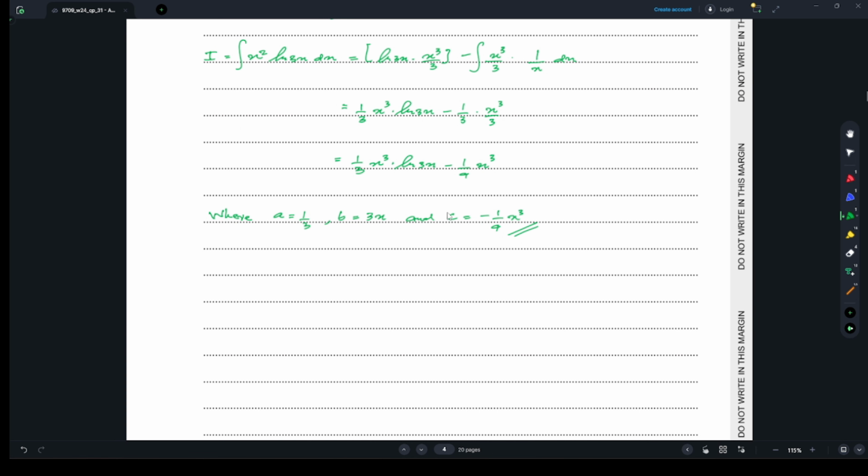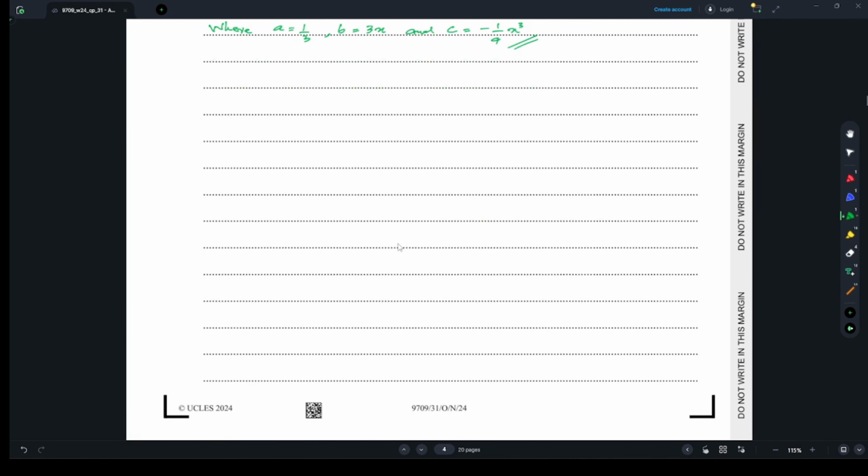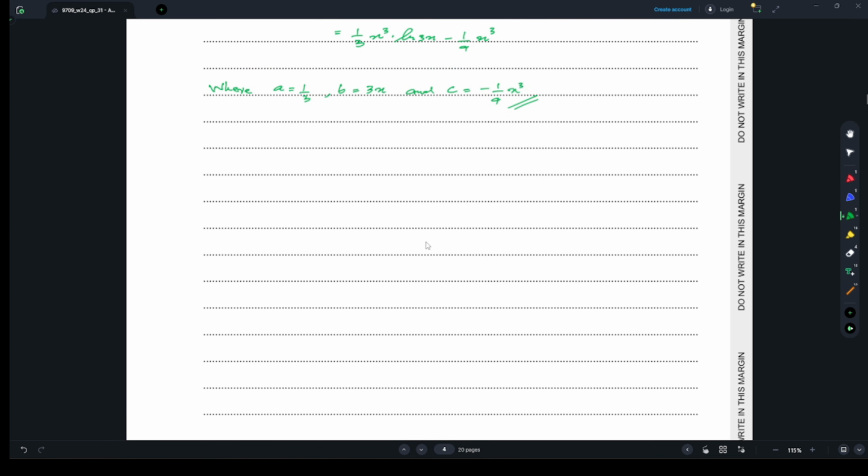Then what else? Find the exact value. Remember, there are two parts. Give your answer in this format, done. And then find the exact value of this integral. So we can apply the limits here.